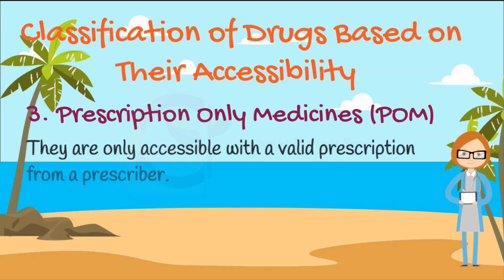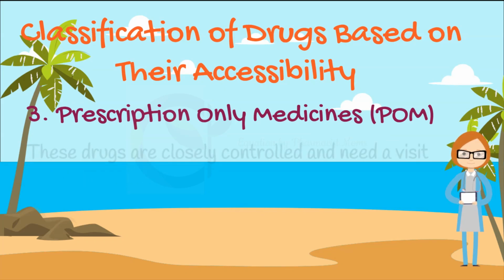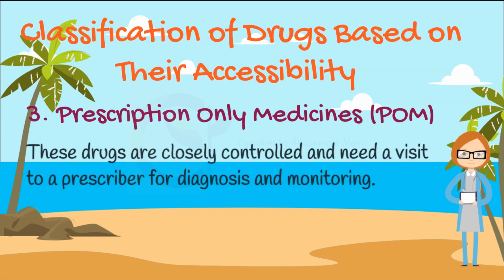Following BTC medicines are prescription-only medicines or POM. Prescription-only drugs are only accessible with a valid prescription from a prescriber. These drugs are closely controlled and need a visit to a prescriber for diagnosis and monitoring to make sure the medication is functioning and that it is functioning safely.